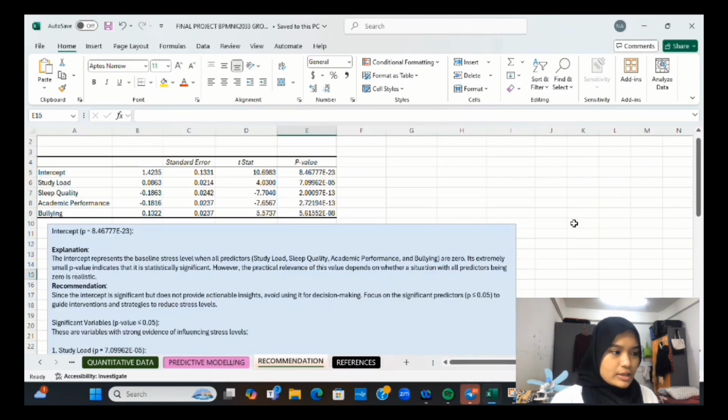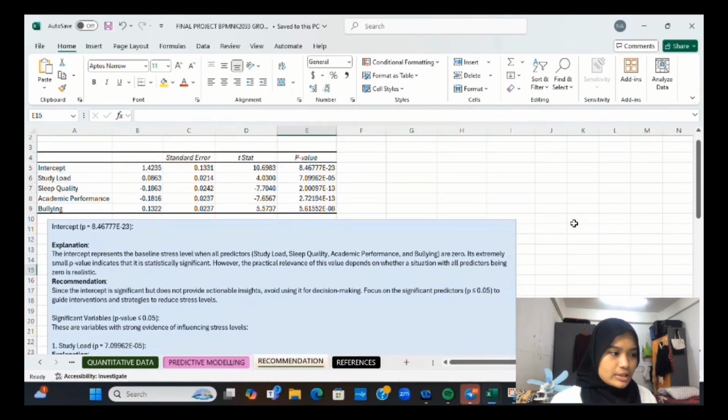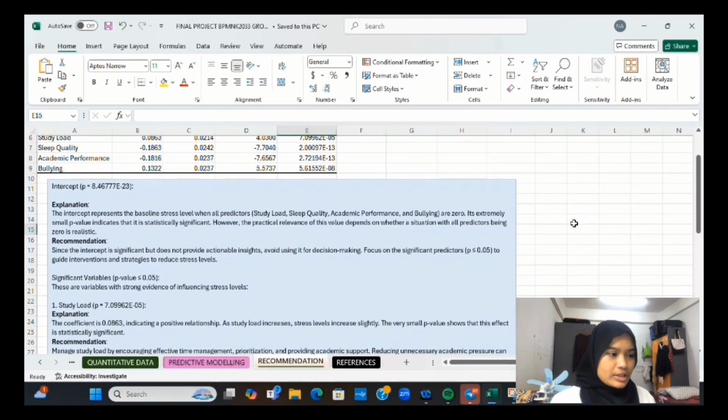Next, we have the data of standard error, t-stat, and p-value of the intercept, study load, sleep quality, academic performance, and bullying. The intercept represents the baseline stress level when all predictors, which are study load, sleep quality, academic performance, and bullying, are 0. Its extremely small p-value indicates that it is statistically significant.